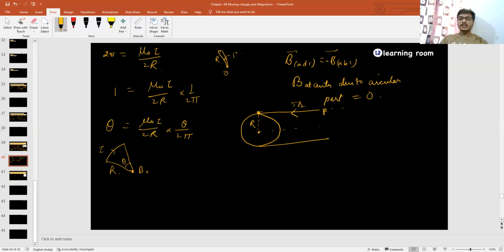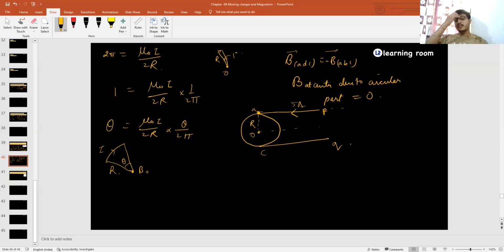And what will be the direction of magnetic field here due to this wire? This wire is coming from P, and this is A, this is C, this is Q. So what is the direction of magnetic field at O due to this wire PA? Don't know? I'll give you a very small hint.